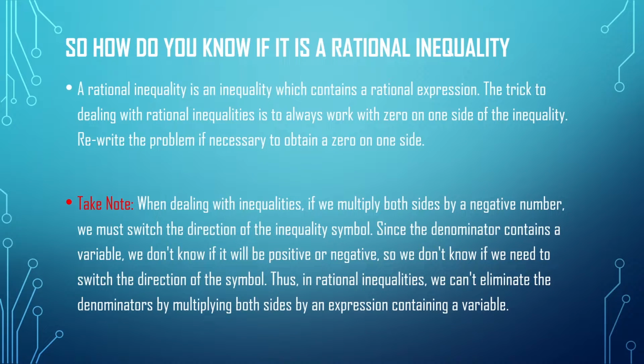Take note, when dealing with inequalities, if we multiply both sides by a negative number, we must switch the direction of the inequality symbol. Since the denominator contains a variable, we don't know if it's positive or negative, so we don't know if we need to switch the direction of this symbol. Thus, with rational inequalities, we can't eliminate the denominators by multiplying both sides by an expression containing a variable.